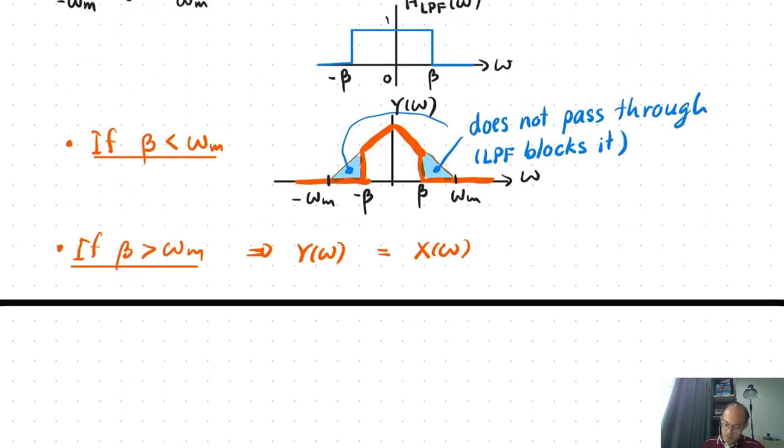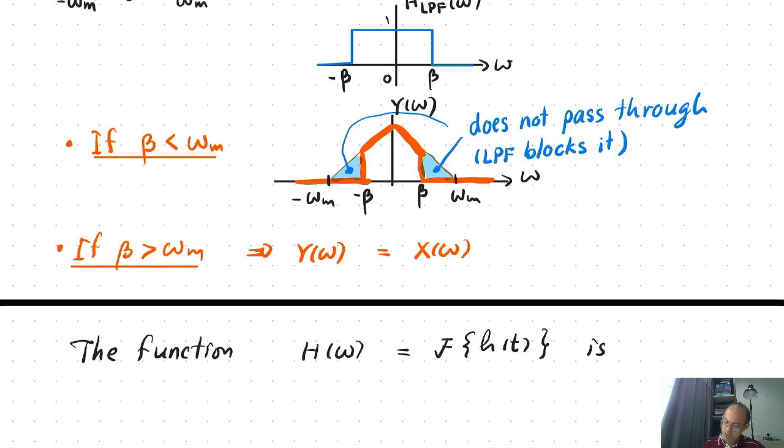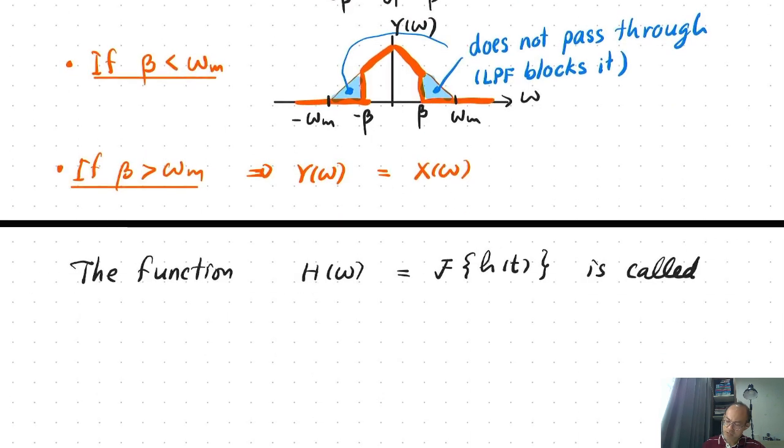So the function h of omega, which is defined as the Fourier transform of the impulse response, is called the transfer function, the frequency transfer function of the system. Not to be confused with the transfer function in chapter 3, so I include the word frequency here.